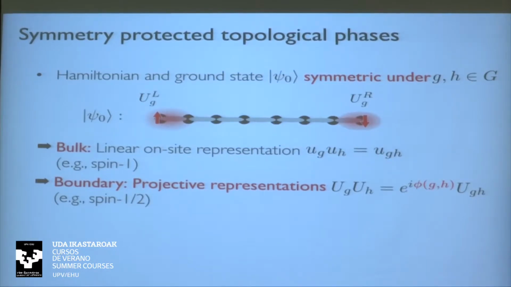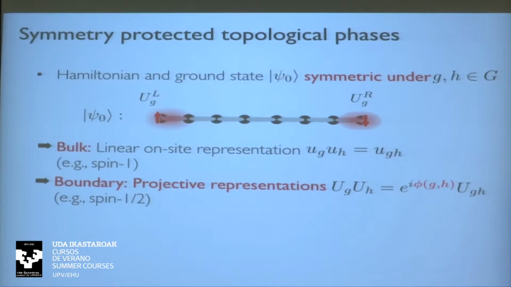The projective representation is something that's been known to mathematicians for a long time, and a projective representation is just the same as a simple linear representation modulo some phase factor. Just recall that if we have a simple linear representation of a group, the multiplication of the elements of the representation, like U_G times U_H, is just the same as the representation of the product of those two group elements.